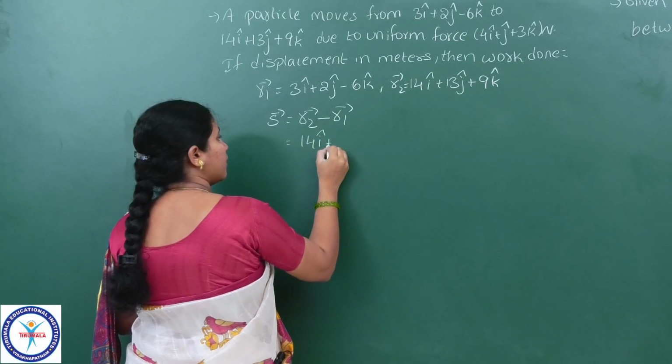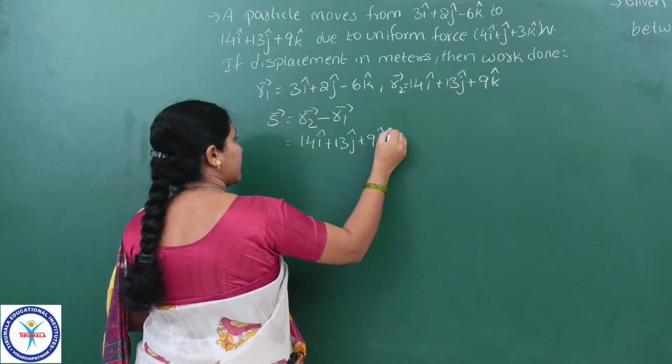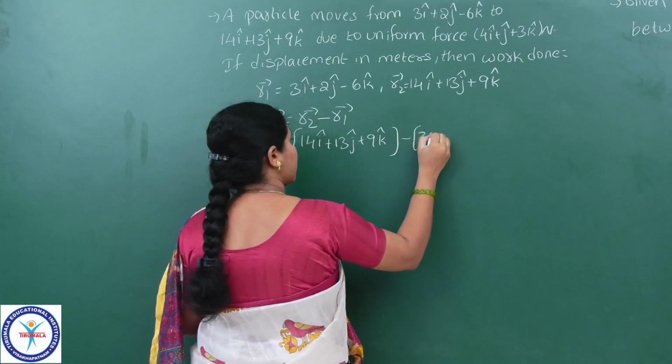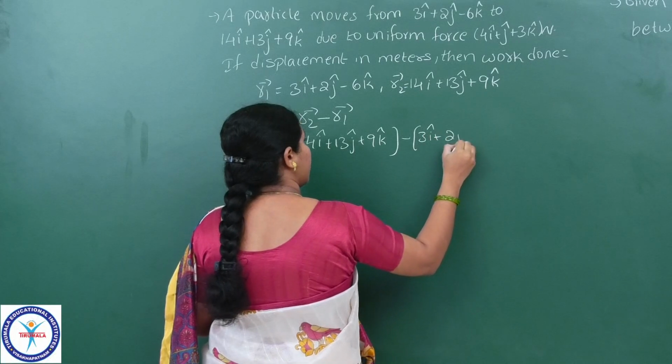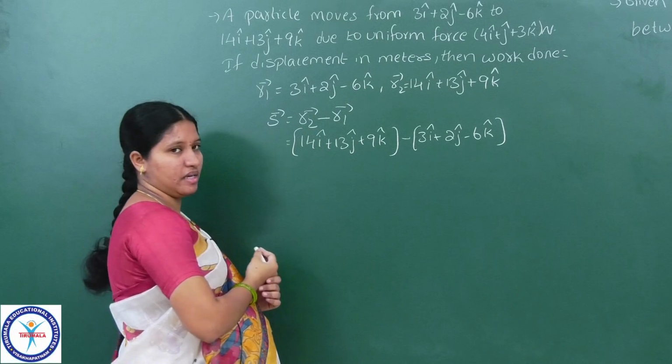14i cap plus 13j cap plus 9k cap minus of r1 bar vector is 3i cap plus 2j cap minus 6k cap.